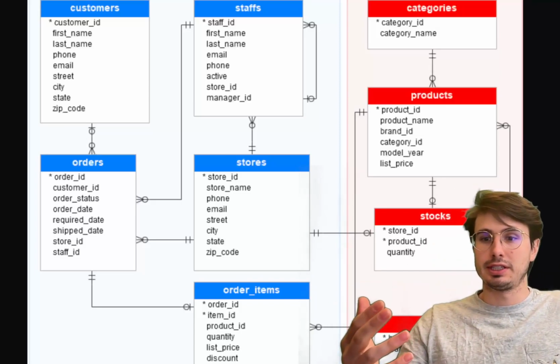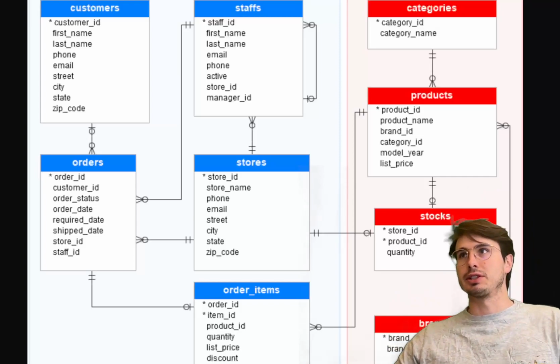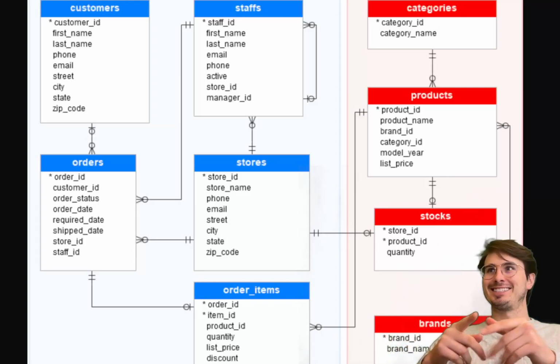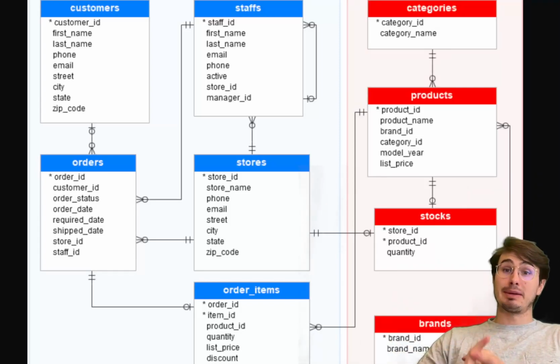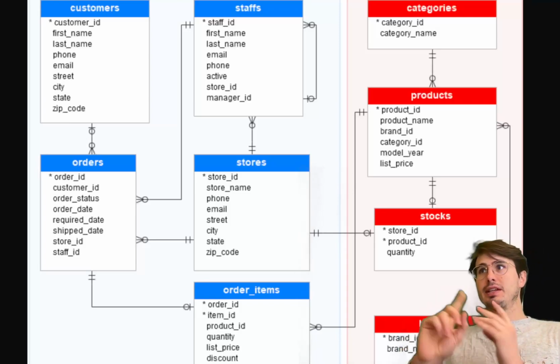This methodology is really based around the ACID principles and ensuring data integrity through those principles. If you're not familiar with ACID, I'm not talking about LSD, I'm talking about atomicity, consistency, isolation, and durability.